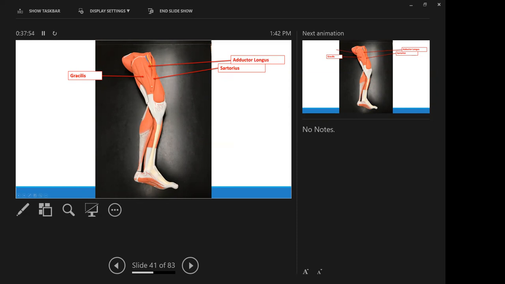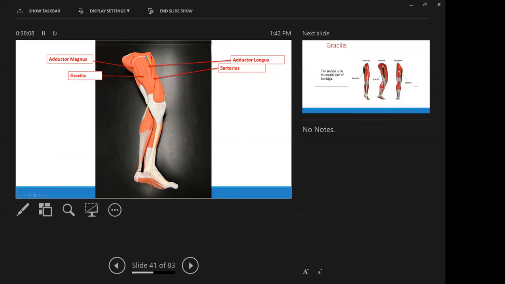If you have a longus, you may have a brevis, but generally if you have one name like longus, you should have a brevis, but here what we get is adductor magnus. So not every naming convention plays by the rules. But the adductor longus runs underneath the sartorius. The adductor magnus starts at the end of the ilium, and runs underneath the gracilis and underneath the sartorius.